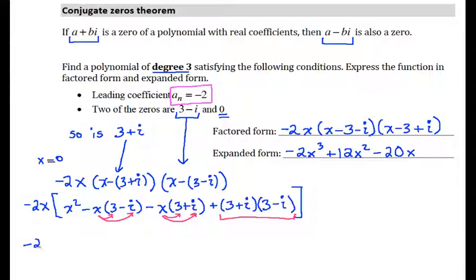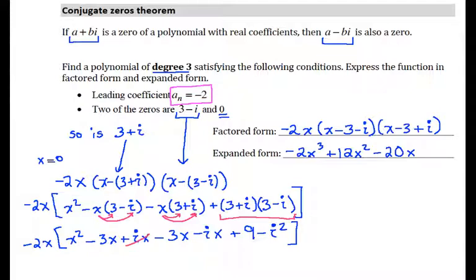So I have my negative 2x still on the outside. Now x squared minus 3x plus ix minus 3x minus ix. And finally, here at the end, I have 9 minus i squared when I use the difference of squares formula to multiply that.